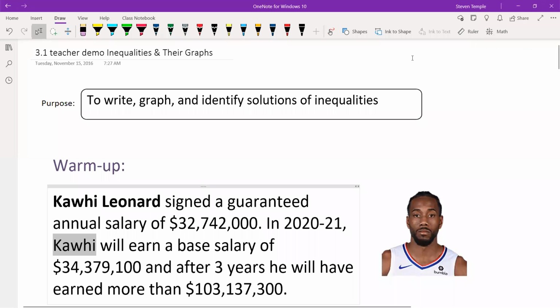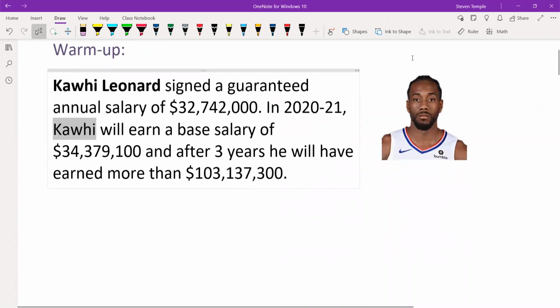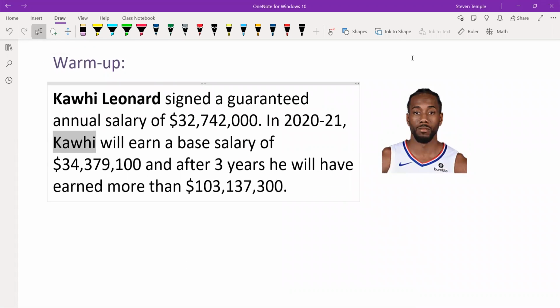And we're back. So section 3.1, inequalities and their graphs. A couple of little warm-up problems here. This is from a couple of years ago.